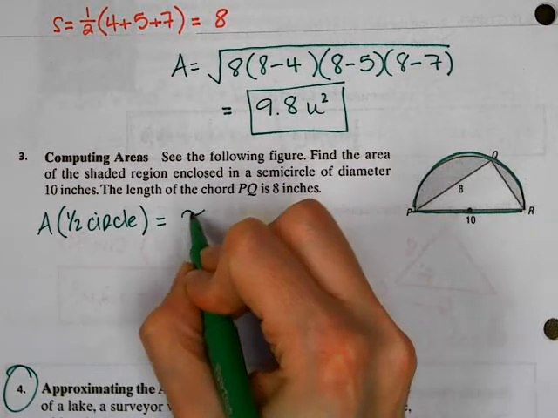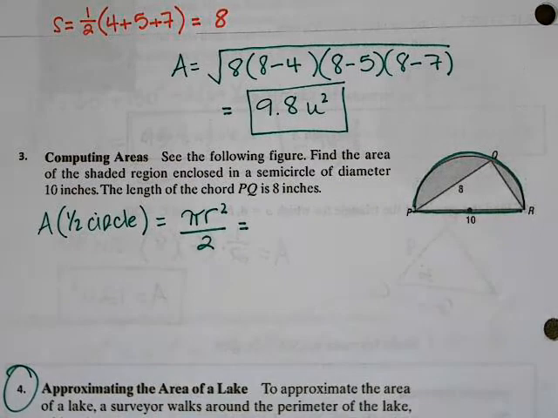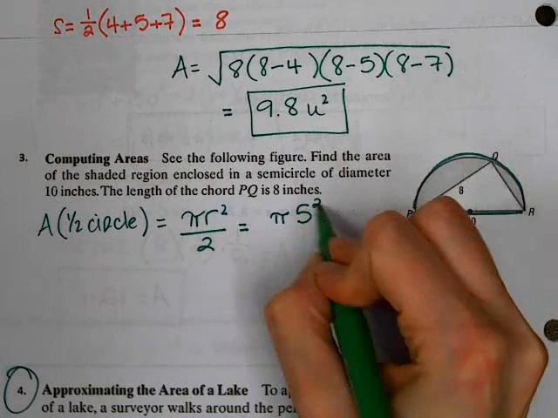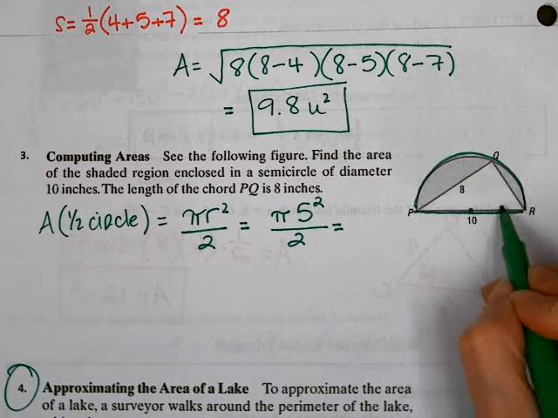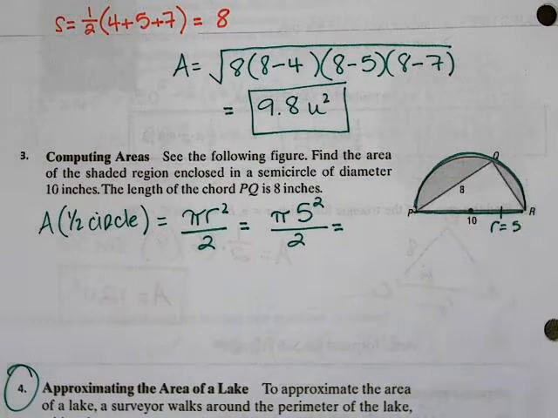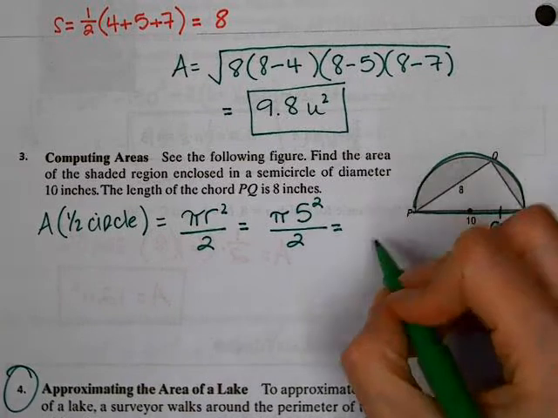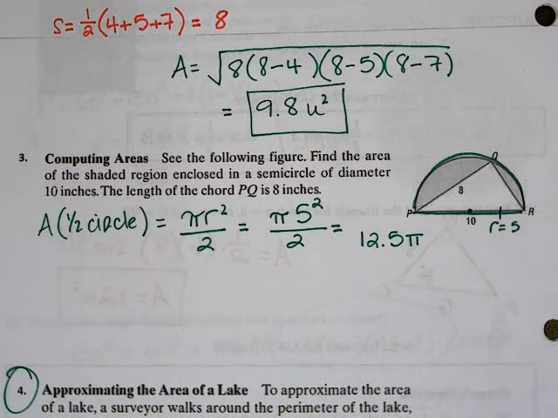So this will be pi r squared divided by 2 because it's a half circle. The radius is 5, right? Because if the diameter is 10, that means the radius is 5. So we could just call that 12.5 pi, or you can leave it as 25 pi over 2, or even a decimal.